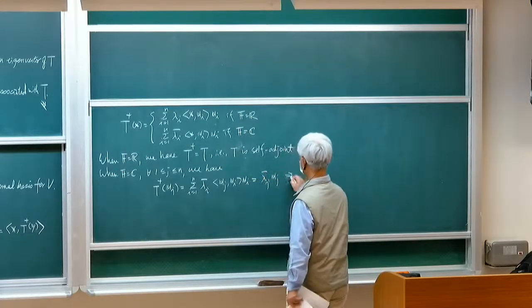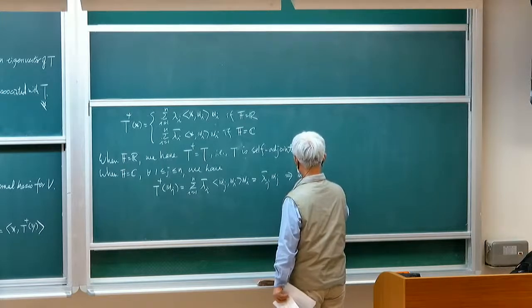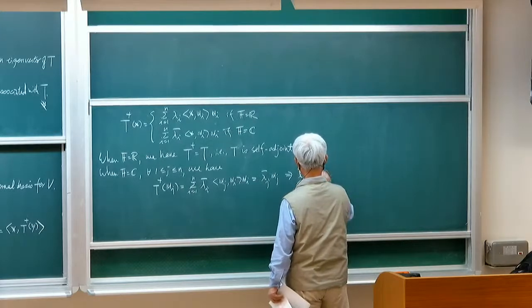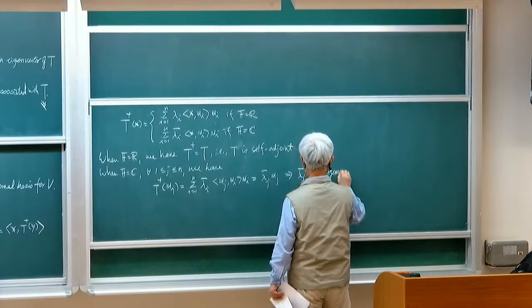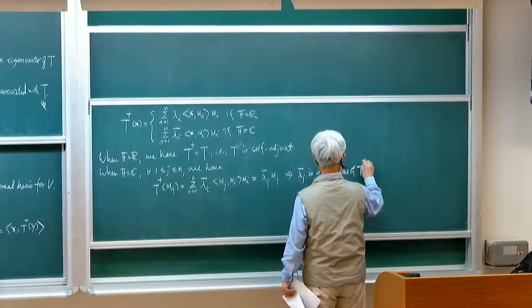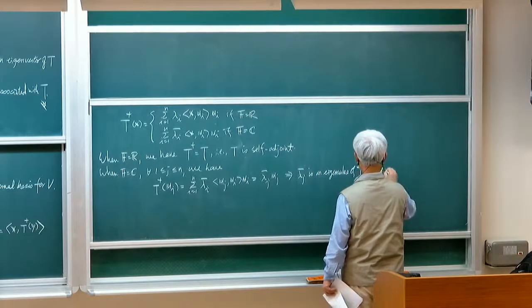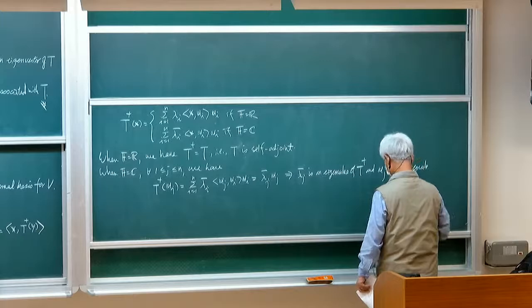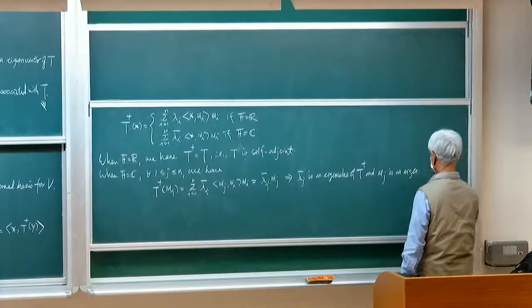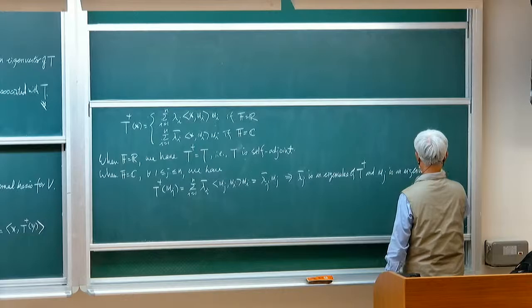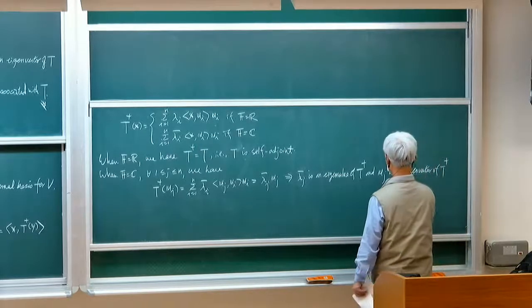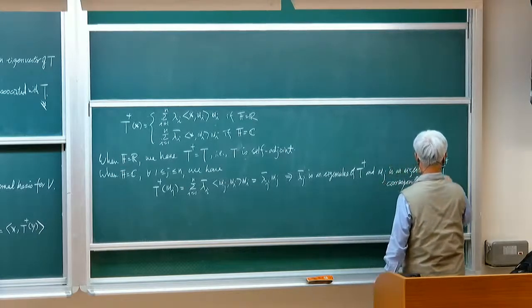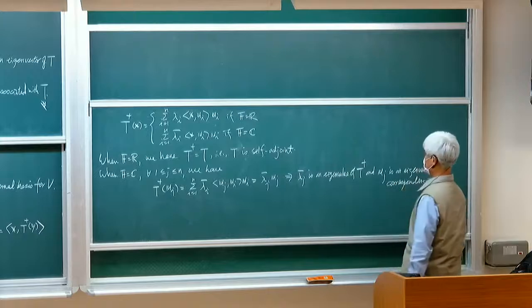So this implies that Uj is an eigenvector of T dagger corresponding to the eigenvalue lambda J bar.